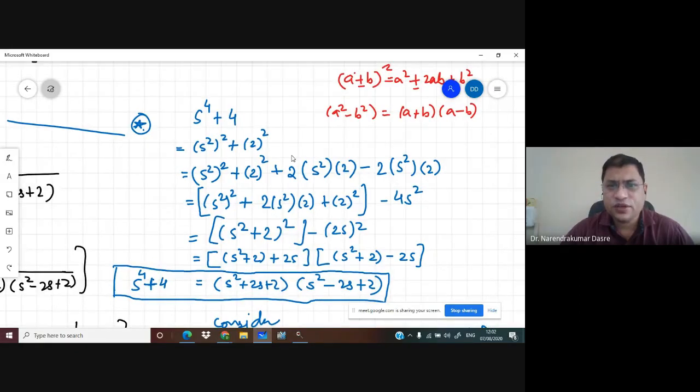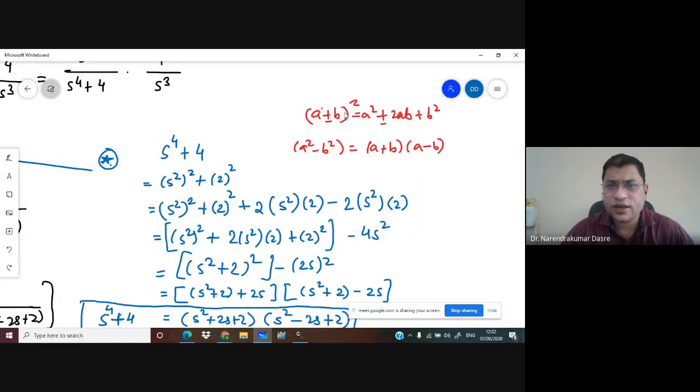So once I have this a square and b square, then to make it a perfect square I need to add or subtract plus or minus 2ab. So in this case a is going to be s square and b is going to be 2, and hence we add 2 s square into 2 and subtract 2 s square into 2. So this is plus 2ab and this is minus 2ab.